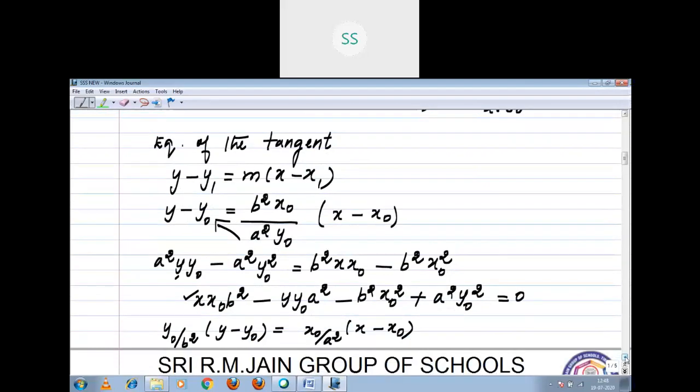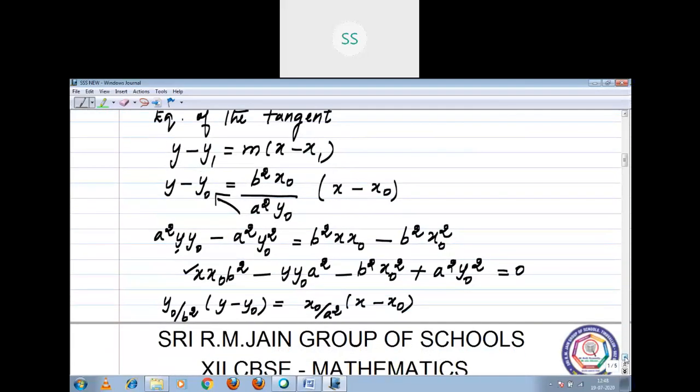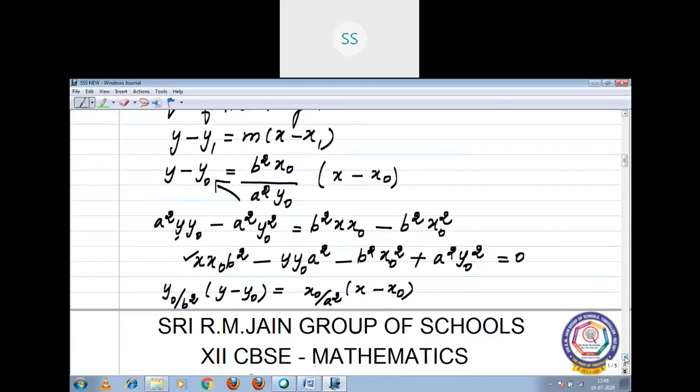One more method I implemented here, that is I modify the format in terms of x square by a square minus y square by b square equal to 1 for the equation of the tangent alone. Equation of the normal you people should try.